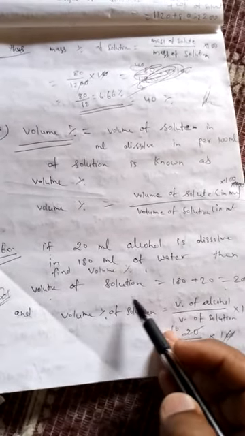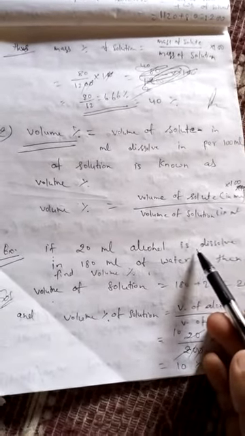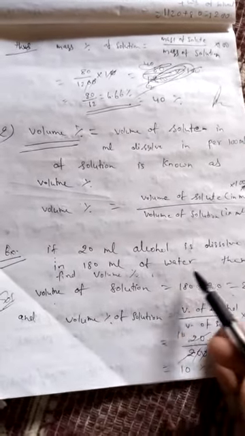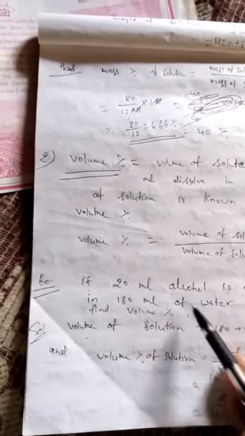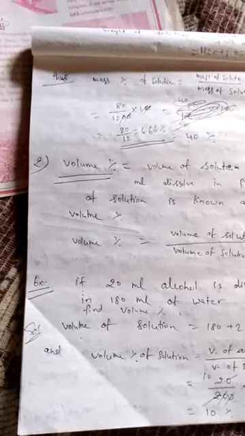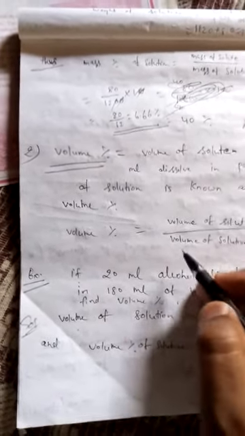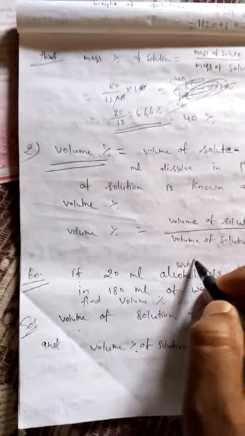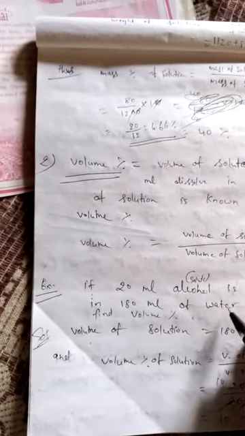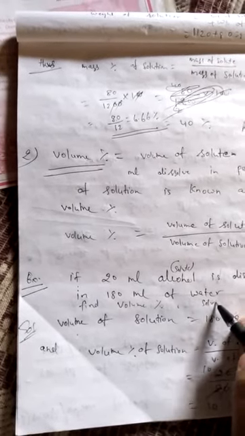Volume of solution is equal to, since 20 ml of alcohol is dissolved in 180 ml of water, here alcohol and water both have the same phase, so the lesser amount, that is alcohol, is solute, and the greater amount, that is water, is solvent.